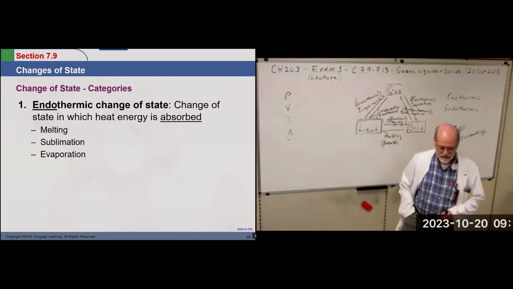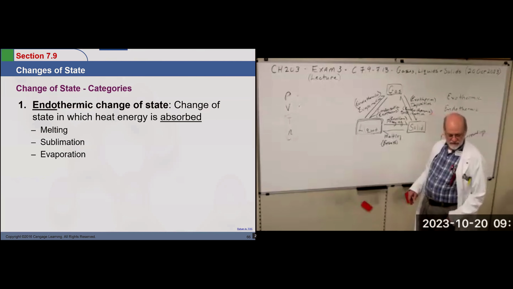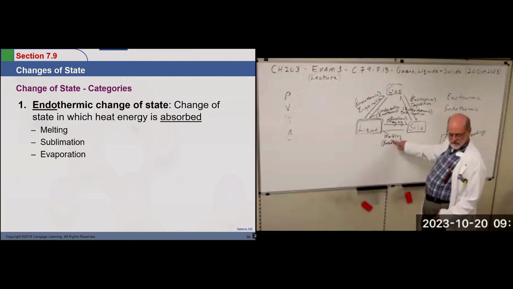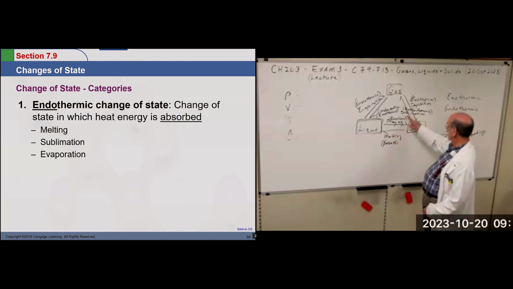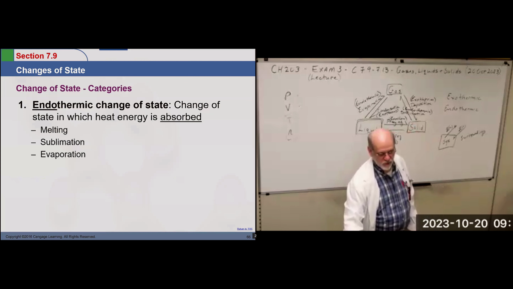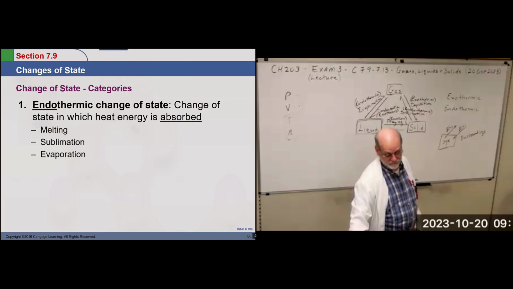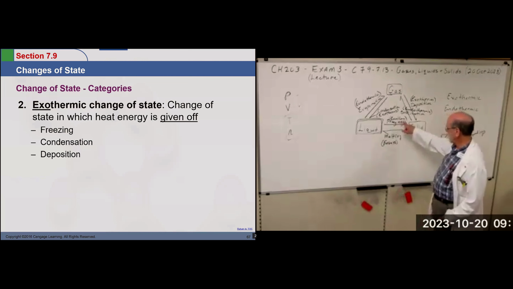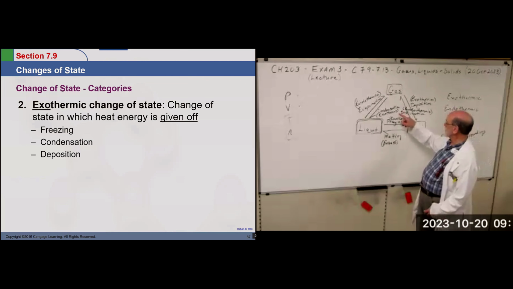So here we have slides that are telling us, let's see if we got it right. Let's see, melting, endothermic. Yep. Sublimation, endothermic. Evaporation, endothermic. We're good there. Heat is absorbed into the system. Exothermic, freezing. Yep. Condensation. Here, exothermic.